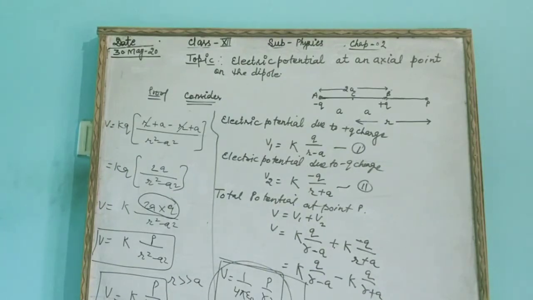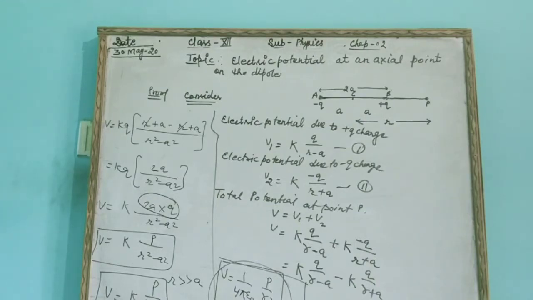The solid derivation: electric potential at an equatorial point on the dipole. In mathematical terms, we have to prove this. Chapter number 2, page number 2.2, topic number 2.3, electric potential due to a dipole.